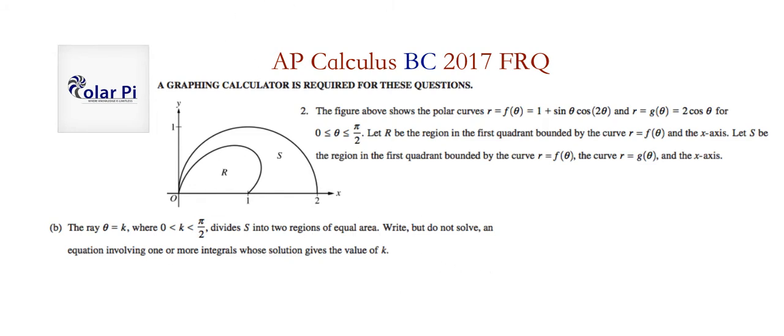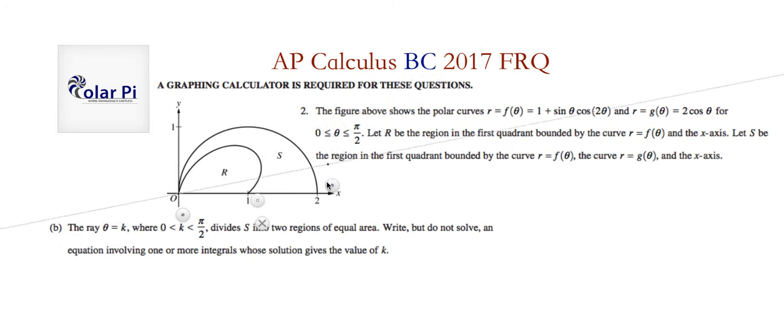The point is that we have some ray theta equals k, right? So remember, we start from the positive x-axis and then we rotate, and that's how we get theta. Different values of theta, we rotate. So it's saying that as we do that, there is some theta value that divides the region into two parts.